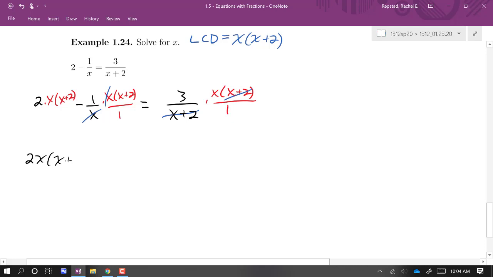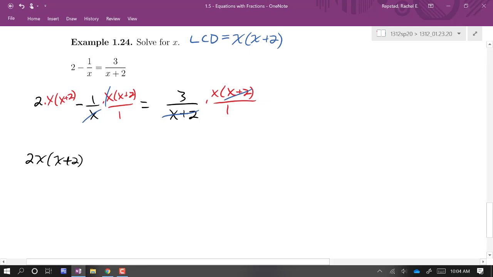Yeah, that's exactly how you handle it. It's all over 1, like it's not a fraction. So nothing cancels, not a fraction. When we multiply, we just have these factors. We'll distribute in the next step.